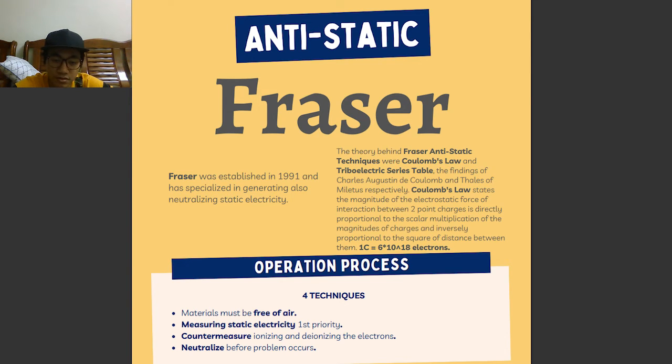Coulomb's law also states that 1 C is equal to 6 times 10 to the power of 18 electrons.